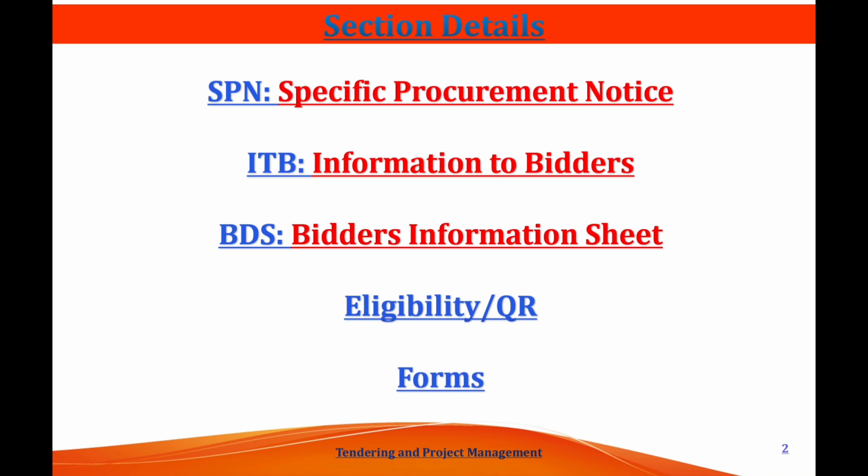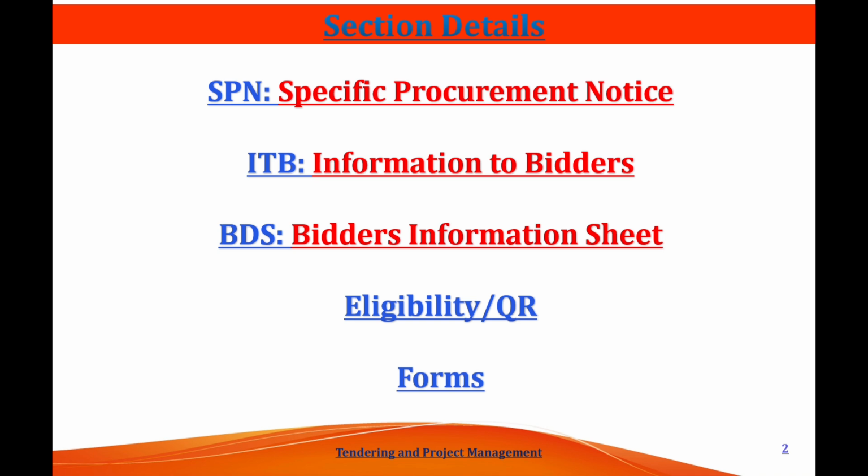Next is the eligibility or qualification requirements. Generally, in a tender document, it is stipulated in this particular portion. In this section, they specify the technical and commercial requirements and past performance related requirements where a bidder can check whether they qualify or not. अगर qualify होता है तो ही आगे टेंडर रिस्पॉन्स प्रिपेयर करने का कोई मतलब होता है.